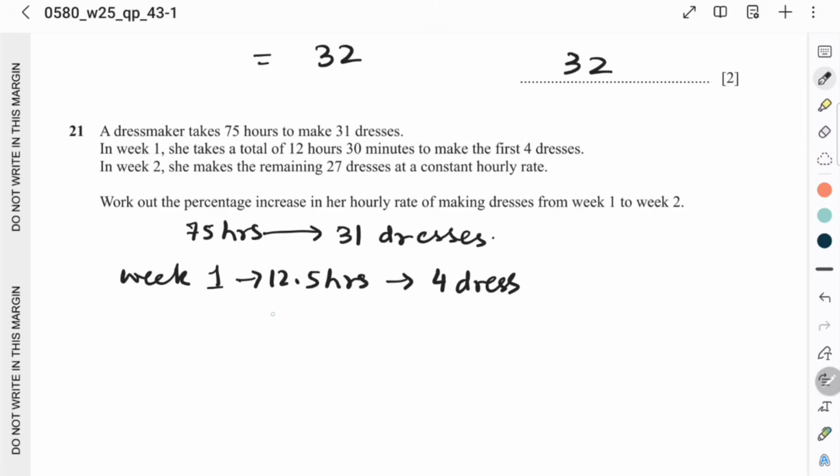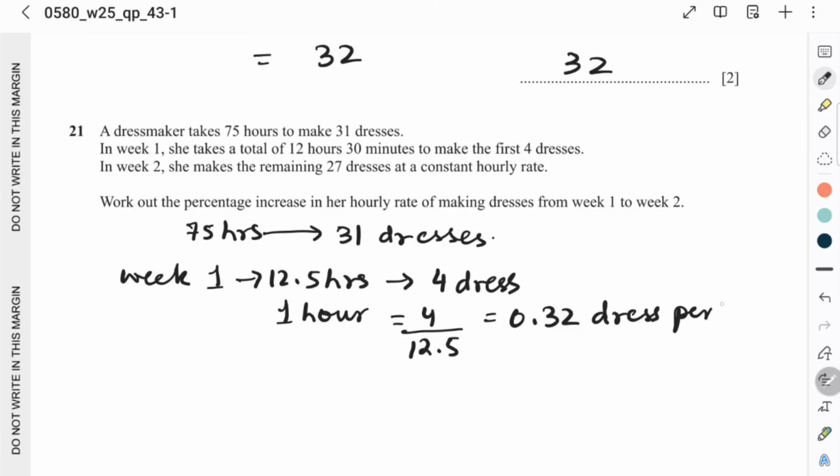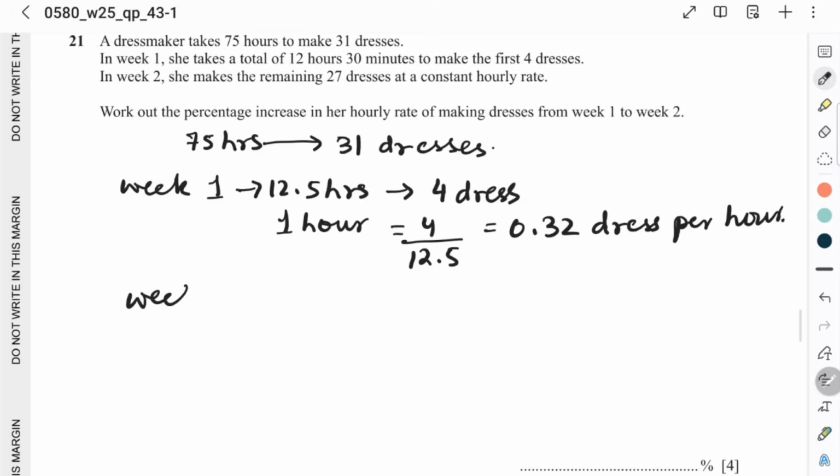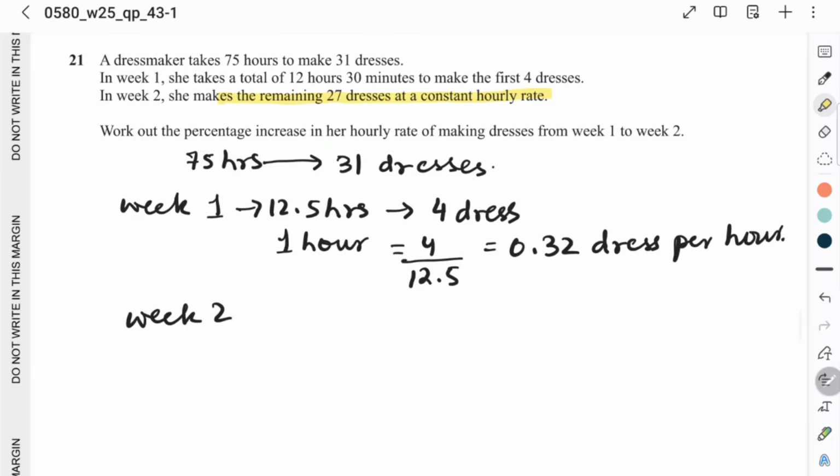So in 1 hour we are going to find out the rate is equals to 4 upon 12.5, which is equals to 0.32 dress per hour. That is the rate. Week 2, in week 2 the remaining 27 dresses at the constant hourly rate.